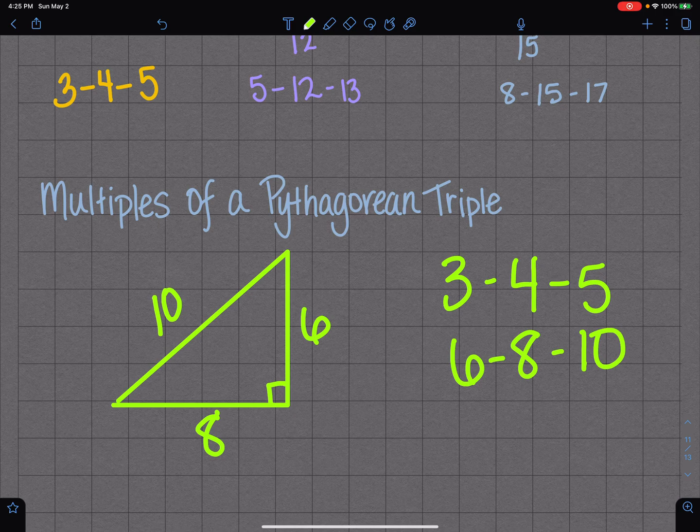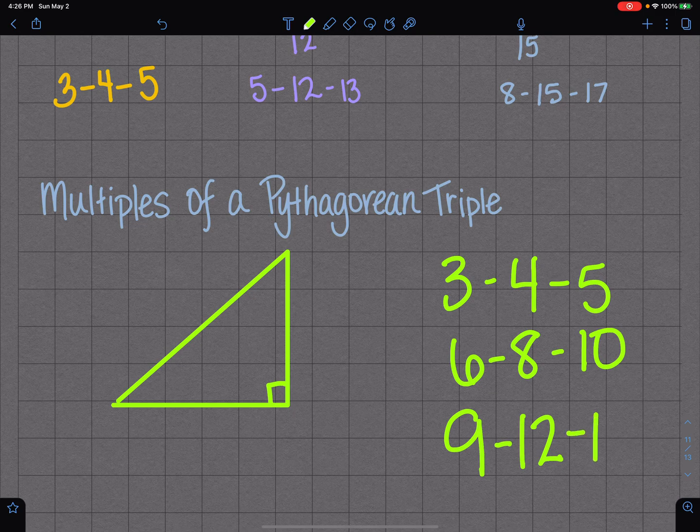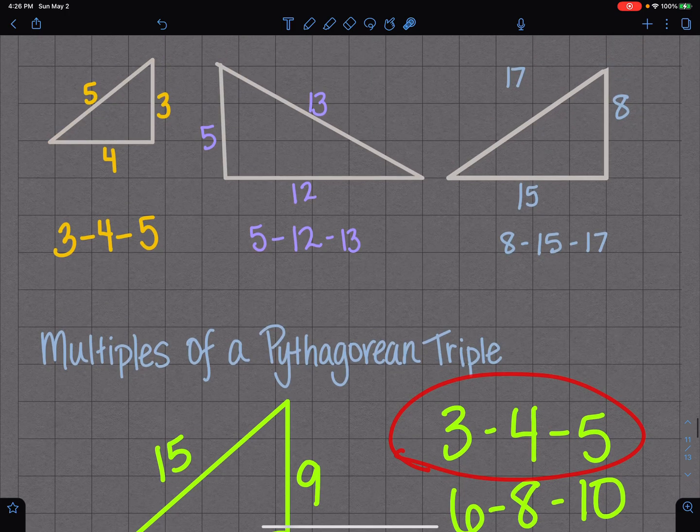Or what if you take this original one and you triple it? Would that work? Yes, and in that situation you would get 9, 12, 15. So that's another Pythagorean triple. So that's why it's useful to memorize this one, especially this one. If you're only going to memorize one, just remember 3, 4, 5. But these are also useful to commit to memory.